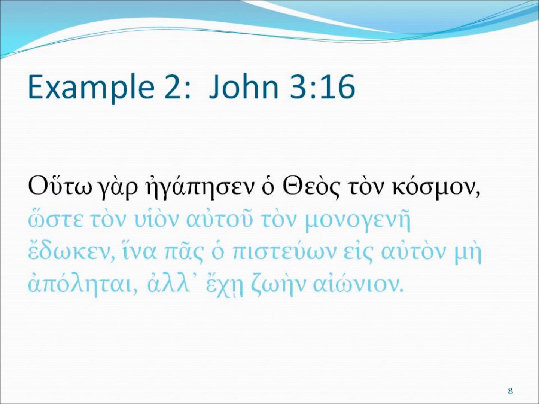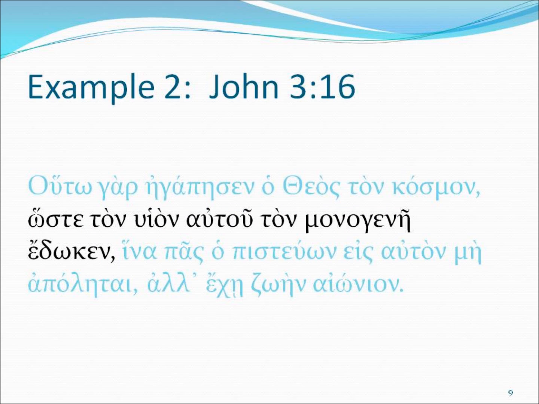It's the oo sound. It's not ha-ut-to, but it is houto. Also notice the rough breather mark above that diphthong. When you have a diphthong at the beginning of the word, the breather mark will always go above the second vowel. Houto.